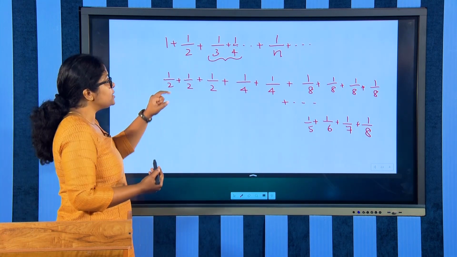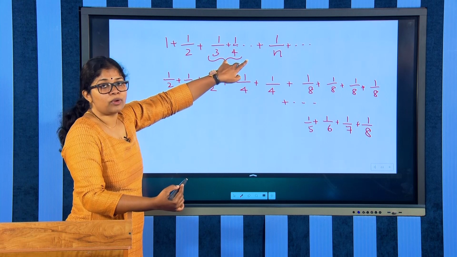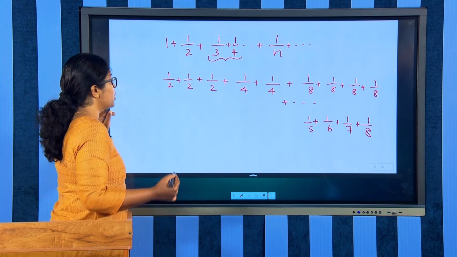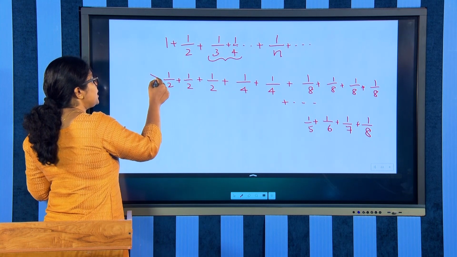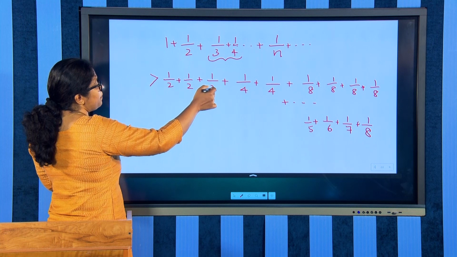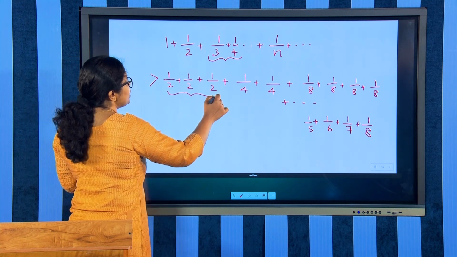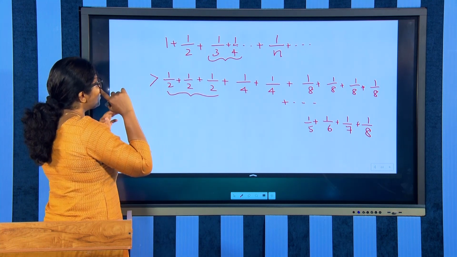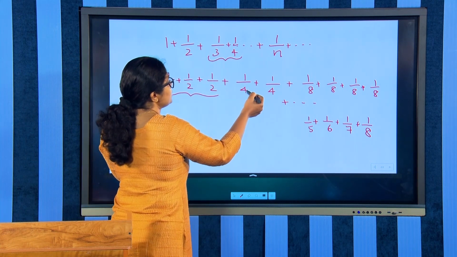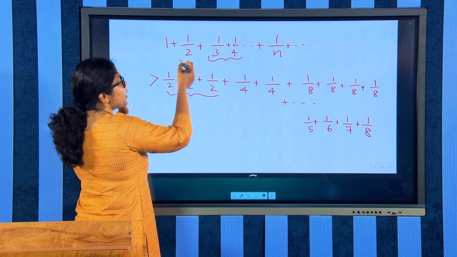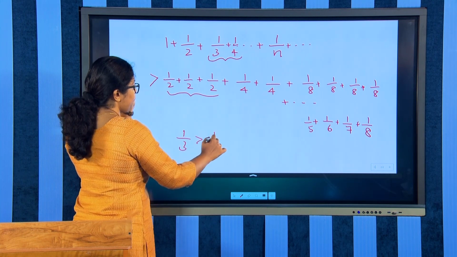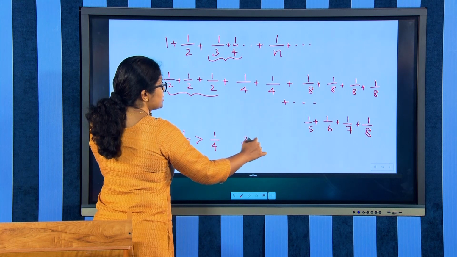Remember that 3 is less than 4, and so 1 by 3 will be greater than 1 by 4. So, this is obviously greater than 1 by 2 plus 1 by 2 plus 1 by 2. These 3 terms are actually the same as these, there is no difference. 1 by 3 is replaced by 1 by 4, which means 1 by 3 is larger than 1 by 4 because 3 is less than 4.